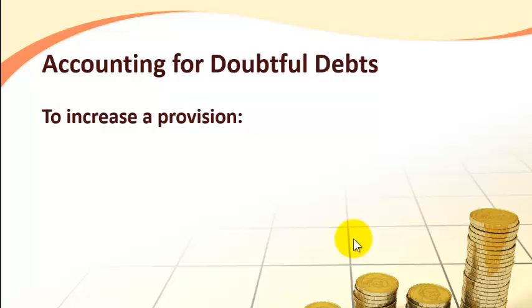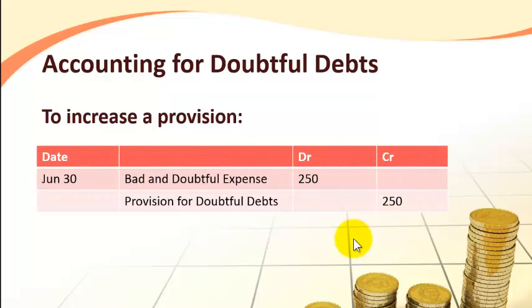In order to make a provision, we have to write a general journal entry. In this instance, we debit bad and doubtful debts expense. It's making us up $250, and we create this account, provision for doubtful debts, and I'll show you in a moment where it gets allocated to on the balance sheet.